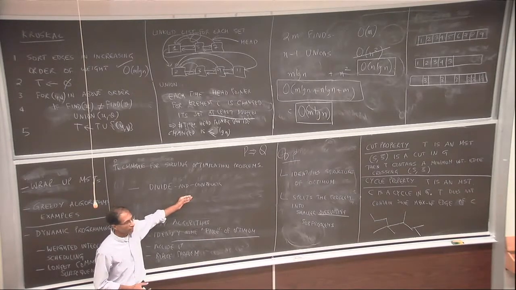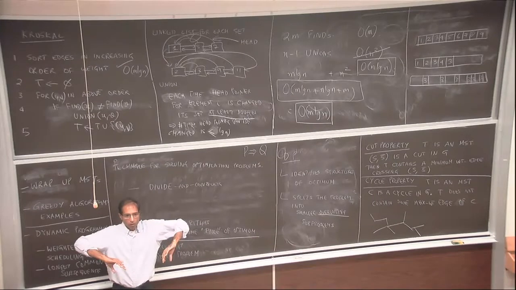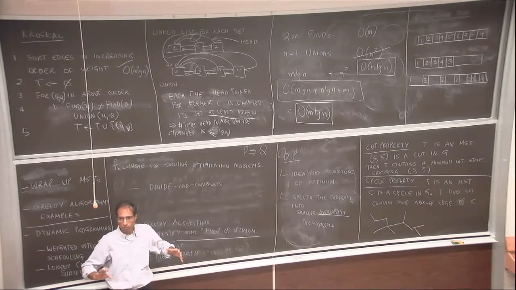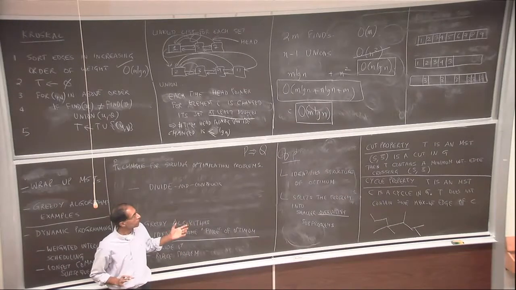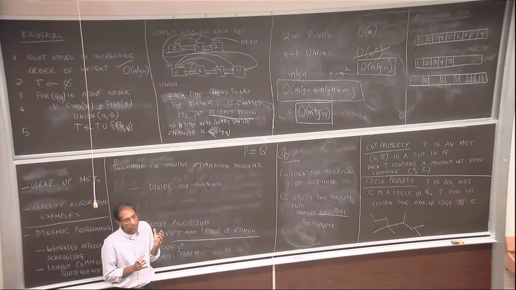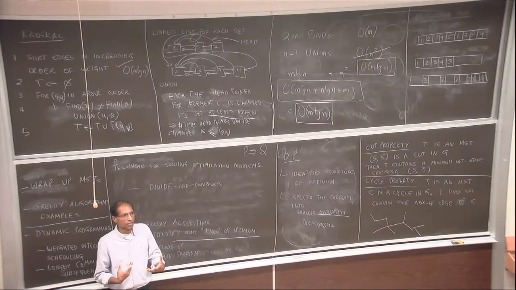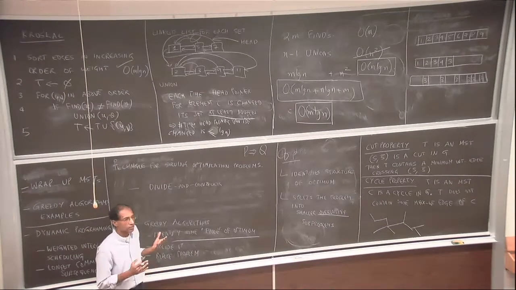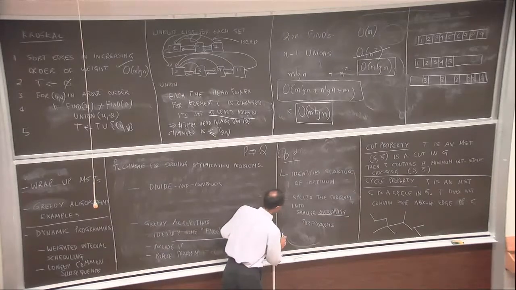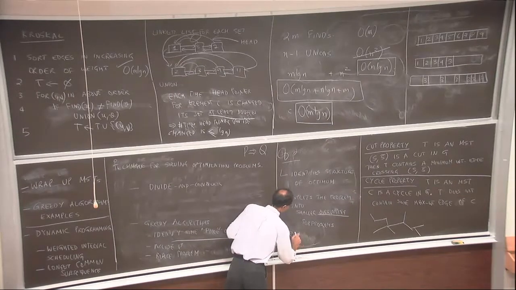Except, rather than cleanly dividing the problem into disjoint problems, like divide and conquer does, it splits the problem down into perhaps many, many overlapping subproblems. And then it repeats. And the way we solve dynamic programs is by giving a recurrence.